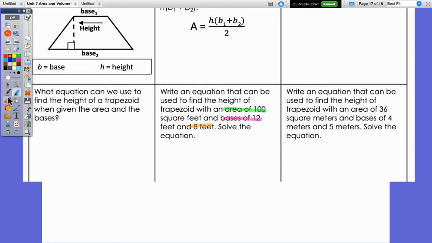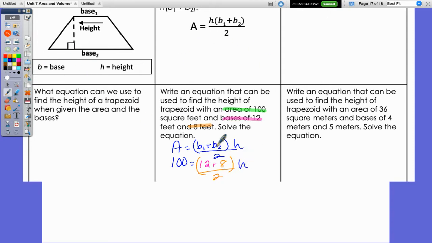I like to write the equation out, and I'm going to plug in the numbers. So I have 100 for area, base 1 is 12, base 2 is 8, divided by 2 times h.